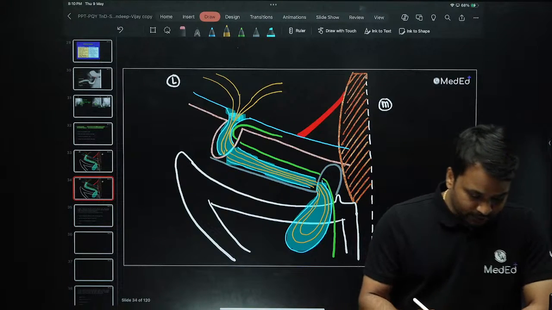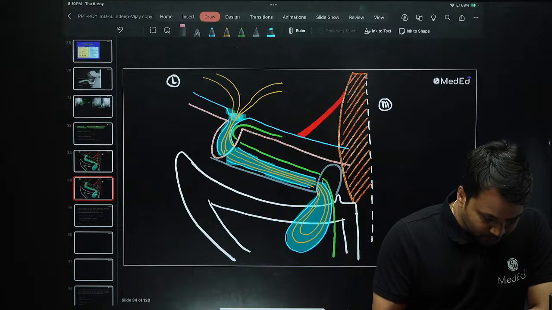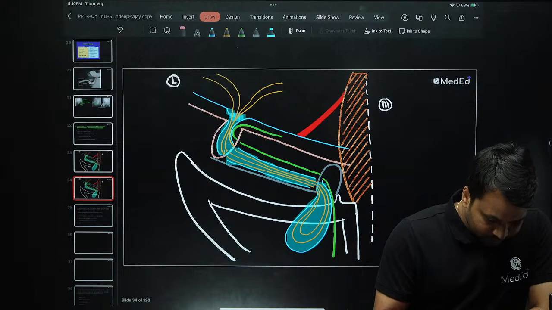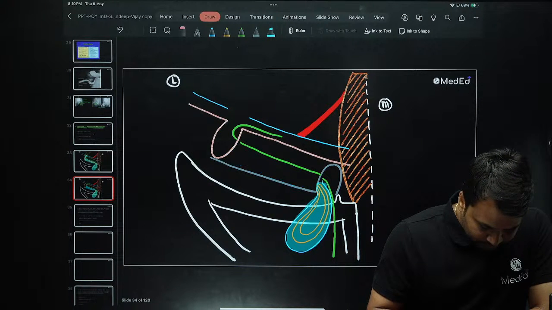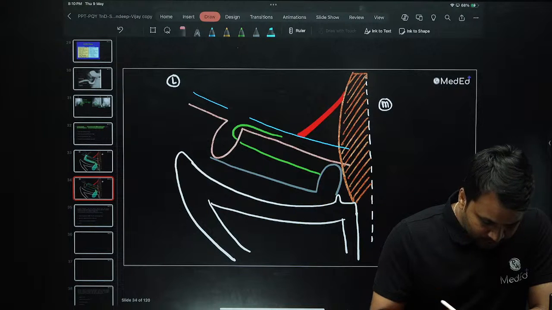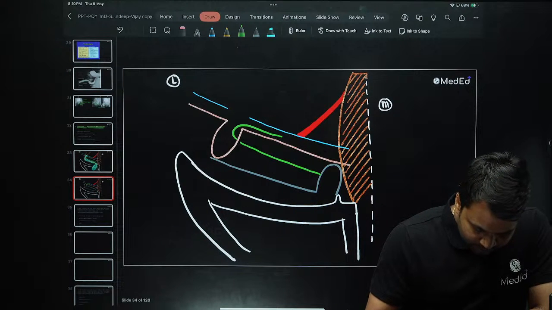Now, in a direct inguinal hernia, what changes will be there? Everything else remains the same. You see, this is the cord that is present.